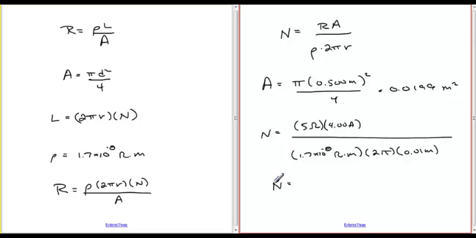Okay, 5 times 4 divided by 1.7 e to the minus 8, divided by 2, divided by pi, divided by 0.01.